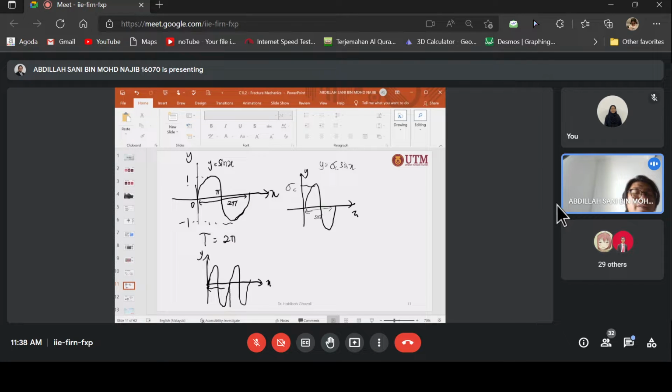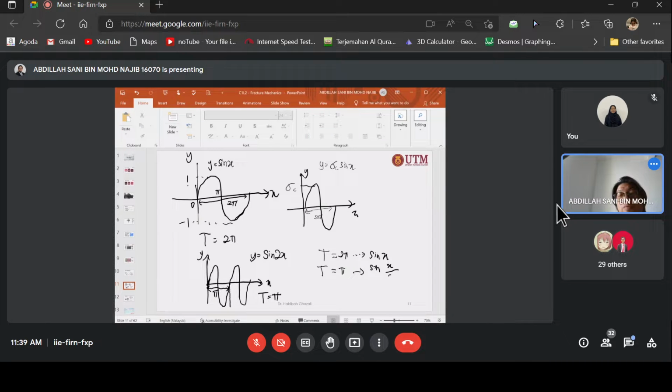T equal to pi, you simply have to divide by the half. You divide 1 by the half, so you get sine 2x.